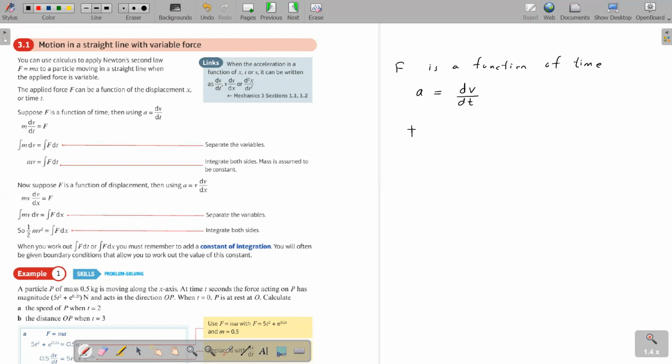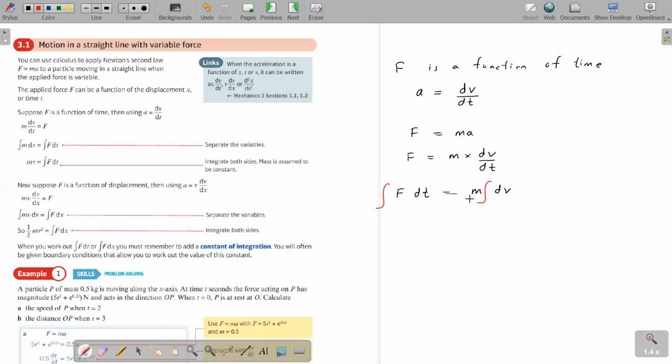Okay, so when we use the equation F equal ma, mass into acceleration, we use dv by dt. Are you guys with me? So force is a function of time. So we separate the variables. We bring the dt over here: force into dt, and here m times dv. And then both sides we integrate.